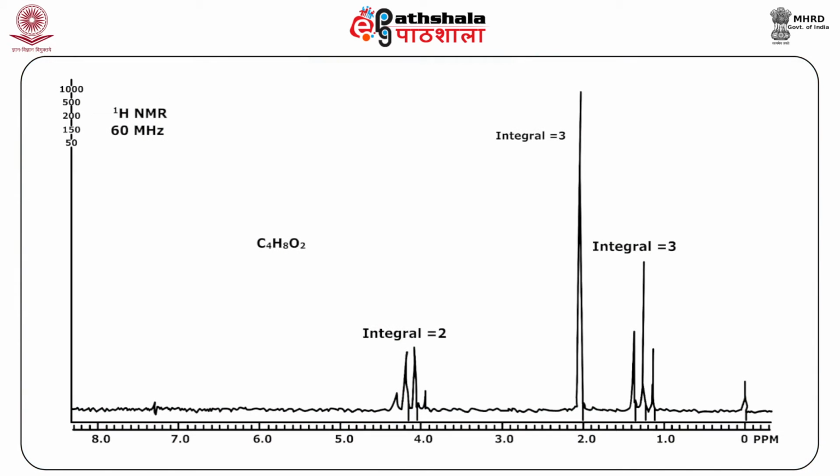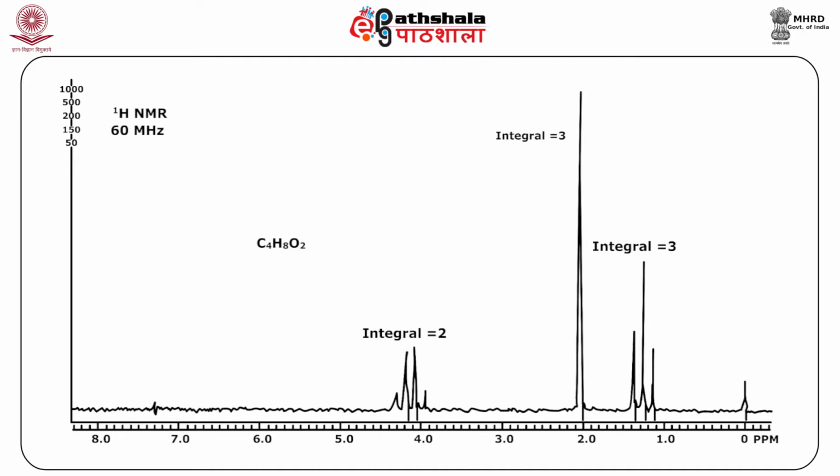The compound with the formula C4H8O2 is an ester. Give its chemical structure and assign the chemical shift values. Look at the spectra very carefully.